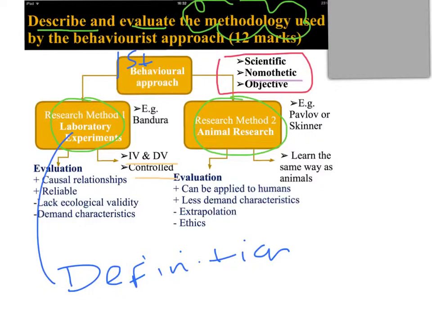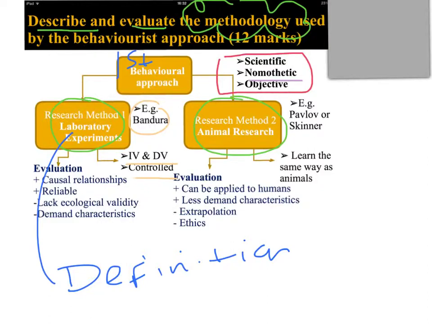After you've presented that, you may want to give an example, and our example, as you can see, is Bandura. I explained that Albert Bandura was a behaviourist and that he conducted a laboratory experiment looking at learning aggression.